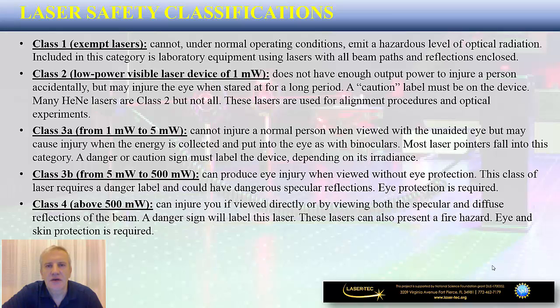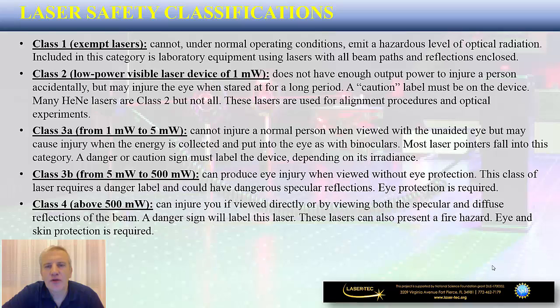The next in the list of laser classifications is the so-called class 2. Here we are talking about low power visible laser devices of about 1 milliwatt. These lasers would not have enough output power to injure a person accidentally, but may injure the eye if stared at for a long period of time.